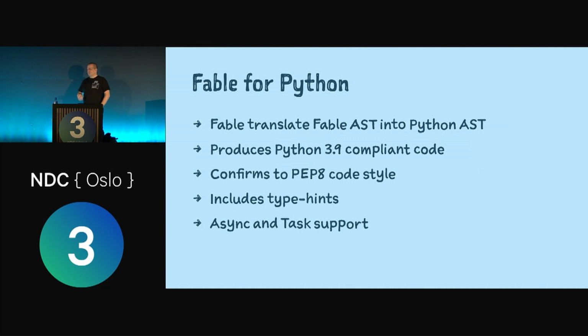So you can sort of choose if you want to be in the normal Fsharp way of doing async with implicit cancellation, or if you want to write your code so it's compatible with Python. So if you want to share this async code with Python, it will have to be using task.